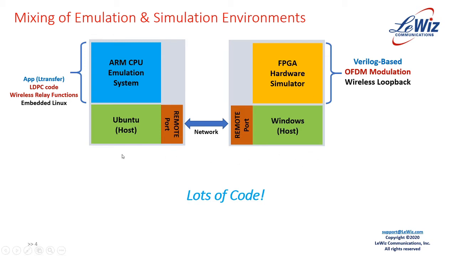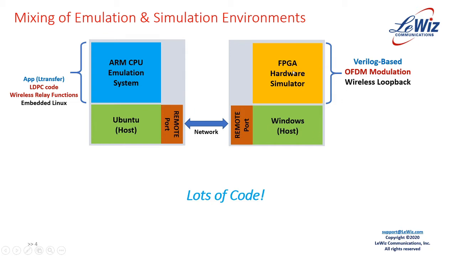On the emulated ARM CPU, we created a user app called Ltransfer, and we implement LDPC code as well as the wireless relay functions, and it includes an embedded version of Linux and several other things.